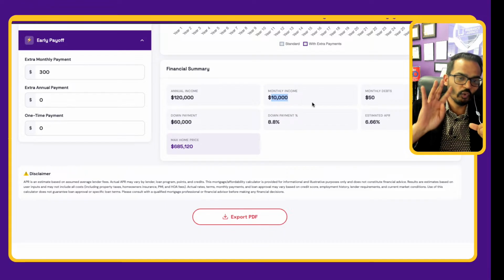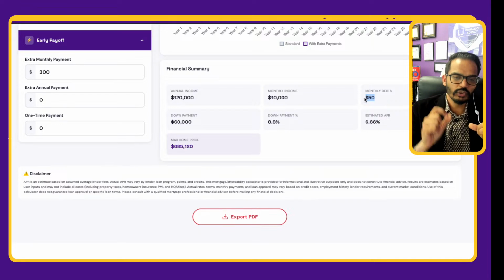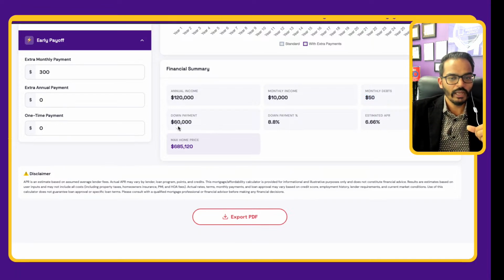We can add up to four people on a mortgage, and their monthly debt is only $50, even though they have a credit card with a balance of $1,000, but the minimum payment shown in the statement is only $50, and they want to put down $60,000, which is already calculated for you. That's about 8.8%, right? And we give you an estimated APR here, and the maximum home price that they should be purchasing, it should be around $685,000 in this scenario.